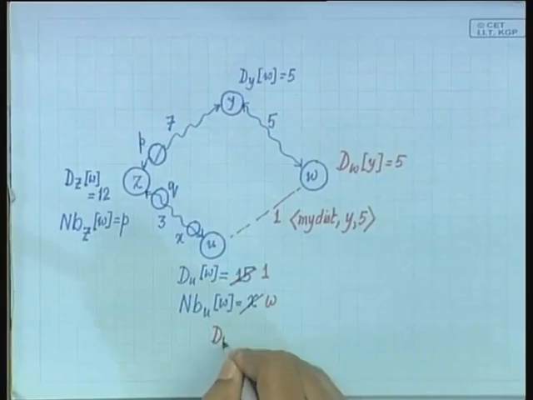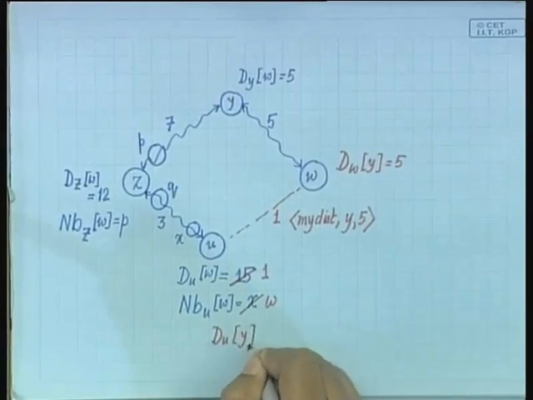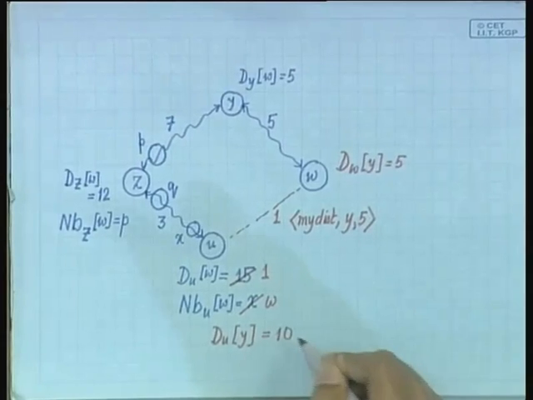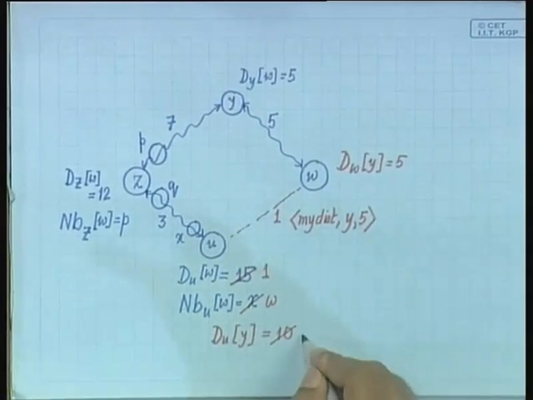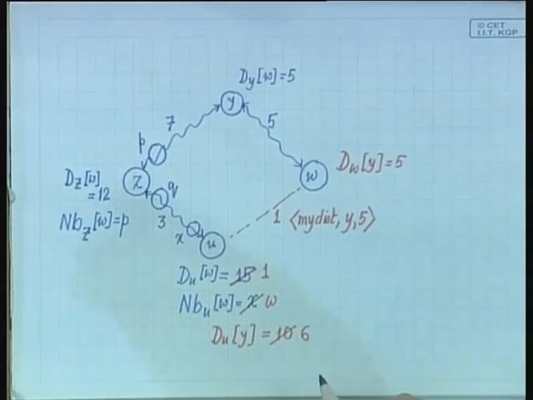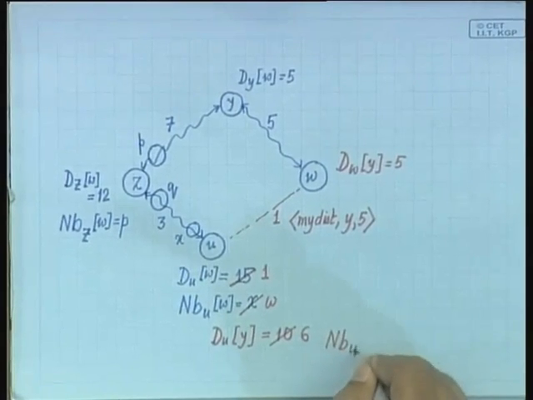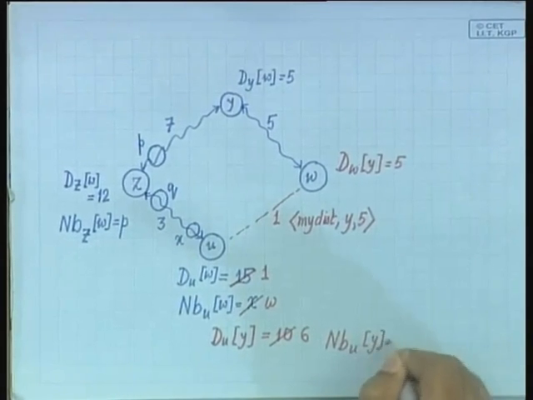What was duy previously? 10, it was 10, now it will be updated to 6, okay. What was NB uy previously?